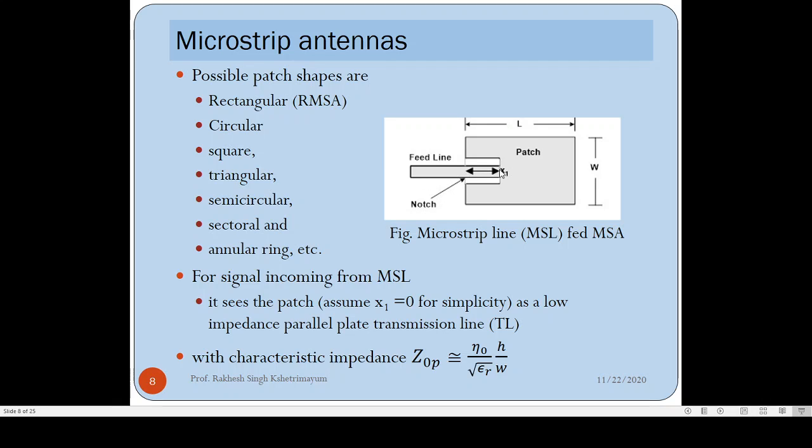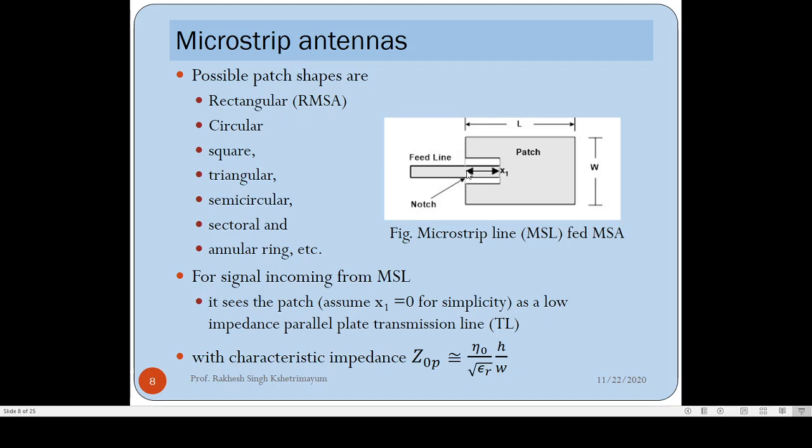Had it been continuous, then the signal would be flowing in the microstrip line. There won't be much radiation. But here, what do you see? This microstrip line has a transition from the microstrip line to the patch. Because of this transition from the microstrip line to the patch, there will be some acceleration or deceleration of charge. Because of that, we'll have radiation from this slot here.